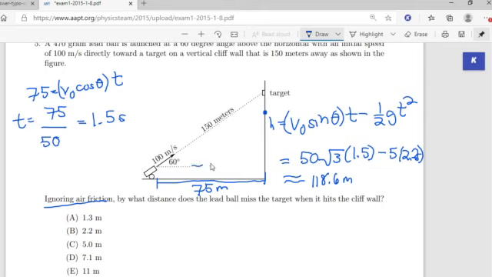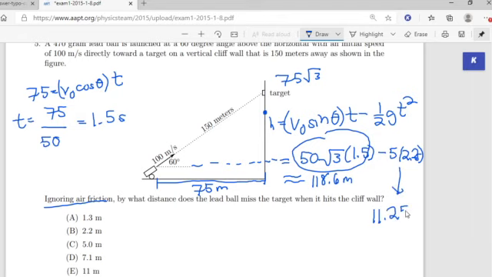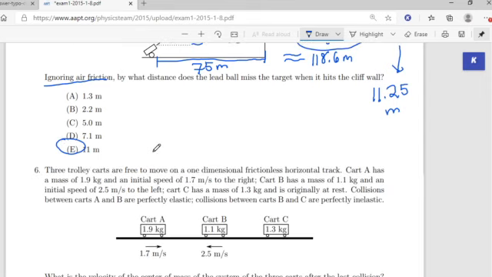I'm assuming this is the 0, so I'll just draw a line here. So 150 sine 60 would just be 75 root 3. So the target's height is 75 root 3. And I just realized that this is also 75 root 3, so I didn't even need to put it in the calculator, so I kind of wasted time. So then 5 times 2.25 would just be 11.25 meters. So the answer is E.